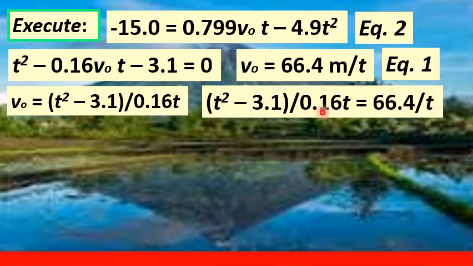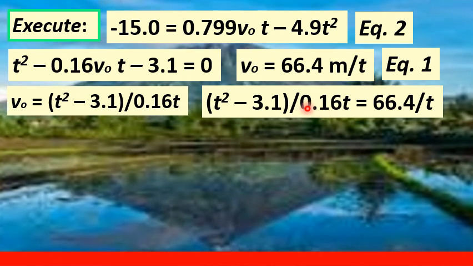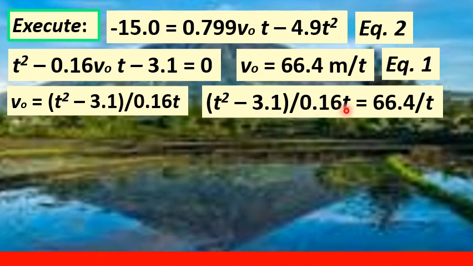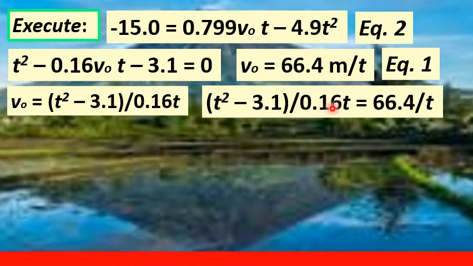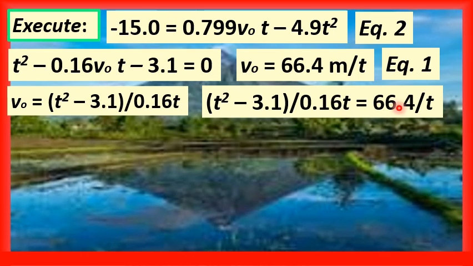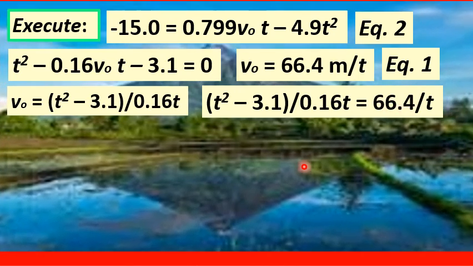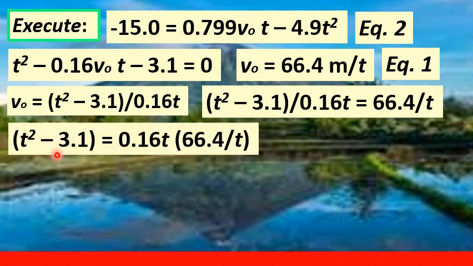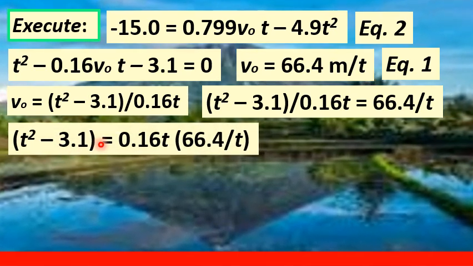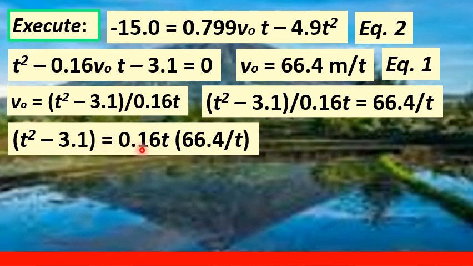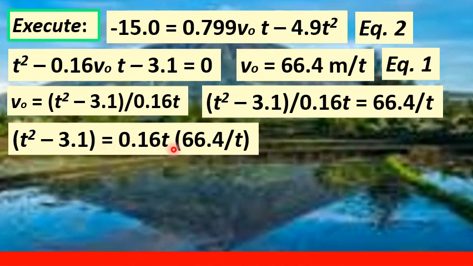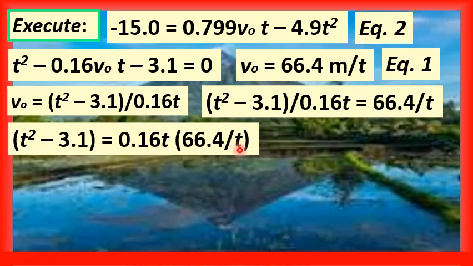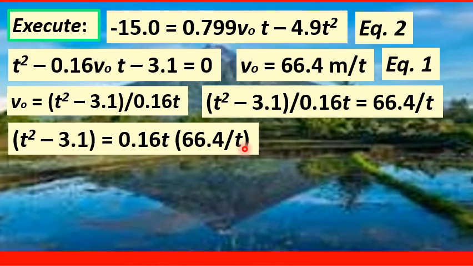So you will notice that the left term has its denominator 0.160, which when cross multiplied to the other side of the equation, this is what we will get. Quantity t squared minus 3.1 equals 0.160 times 66.4 over the time t, right?